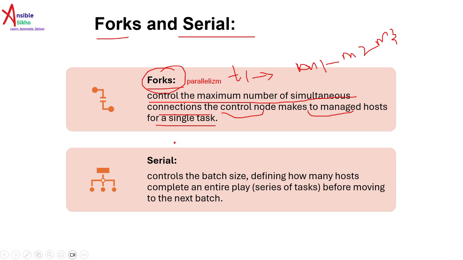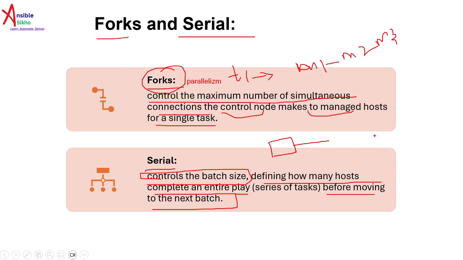Whereas serial divides the entire set of nodes into different batches. It controls the batch size and defines how many hosts complete an entire play before moving to the next batch. What does it mean actually?